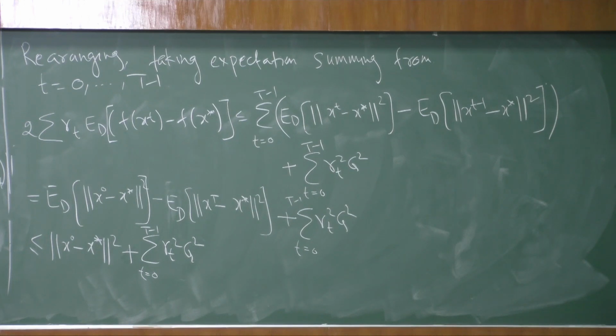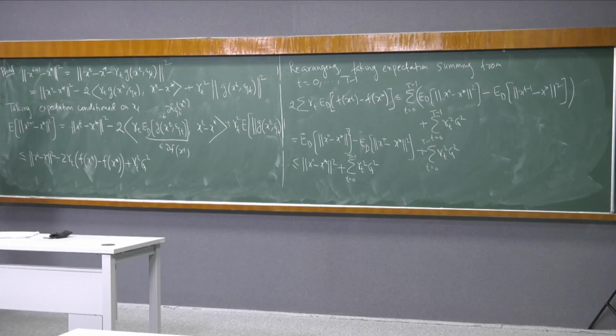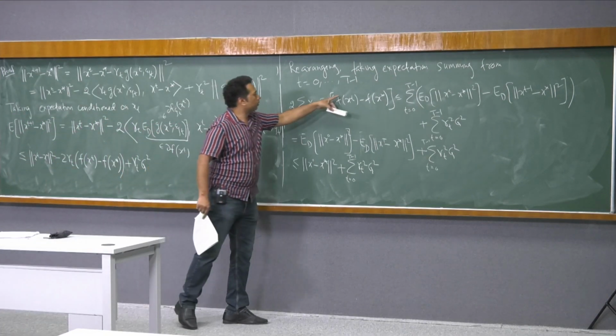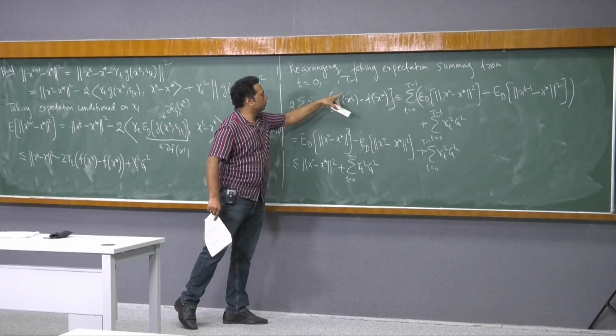Okay, and then we will divide, because we are looking to prove this for the average, right? So we will divide by the sum of the average term basically. So in the theorem you will recall that the result was for f of x bar, right? So the result was for the average.